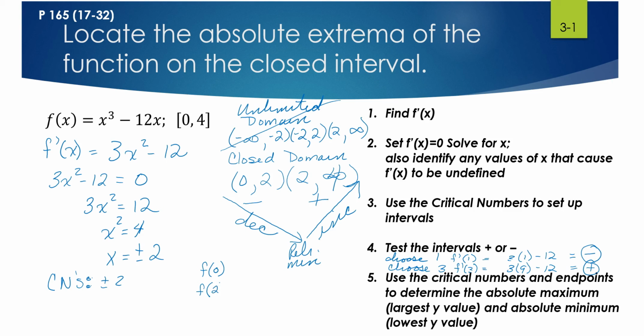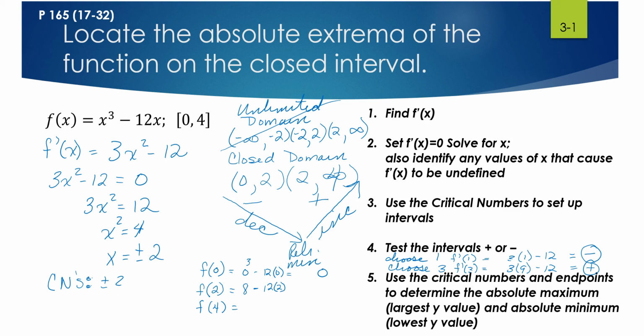So f of 0, f of 2, and f of 4, I'm going to test them all and find out what they equal. So plugging in 0, I get 0 cubed minus 12 times 0, which is equal to 0. And plugging in f of 2, I get 8 minus 12 times 2, which is 24.